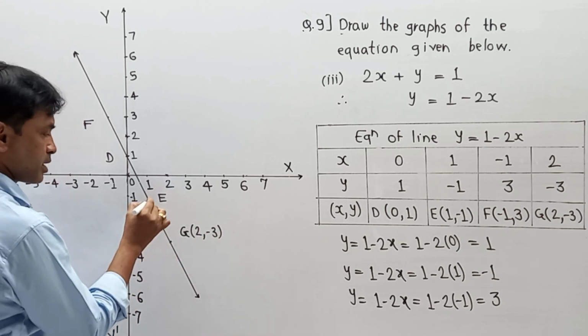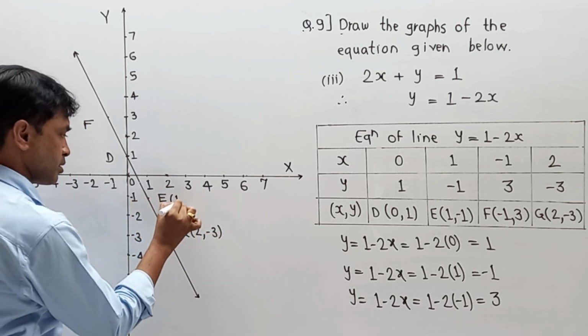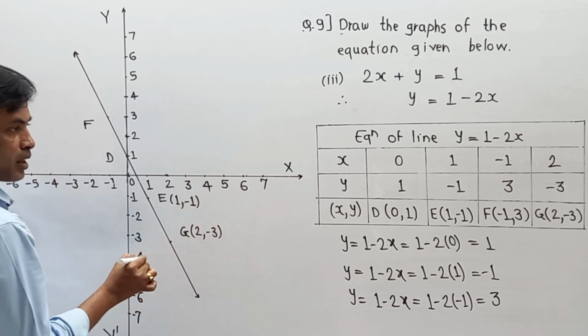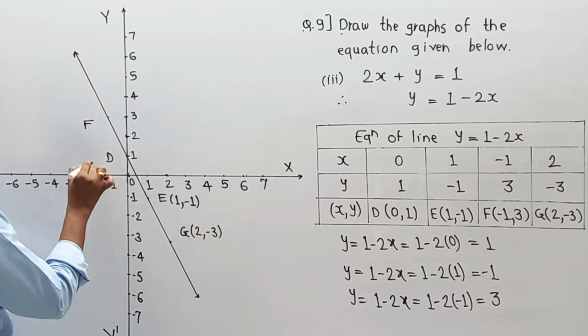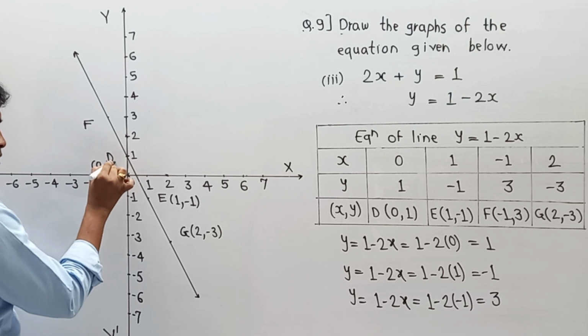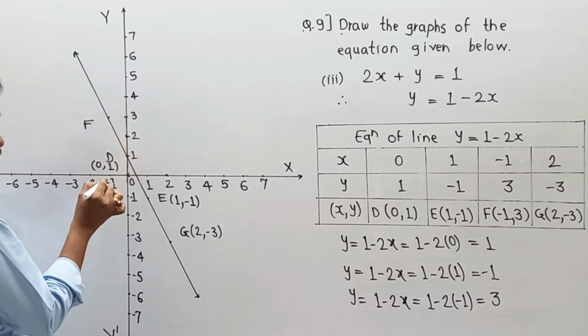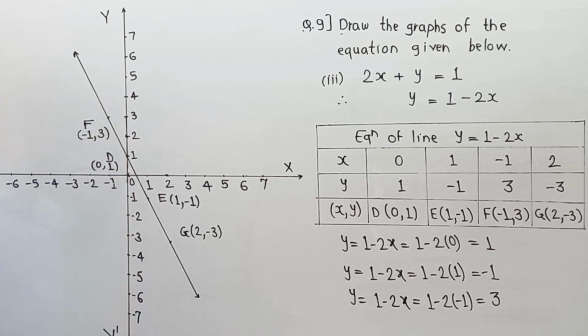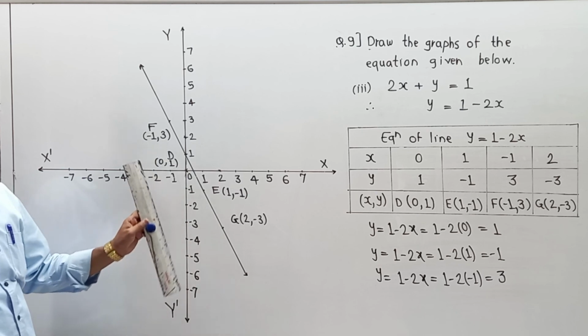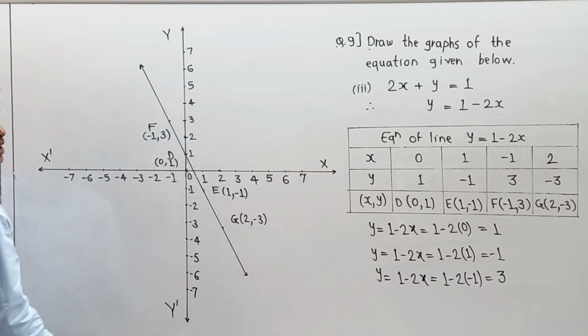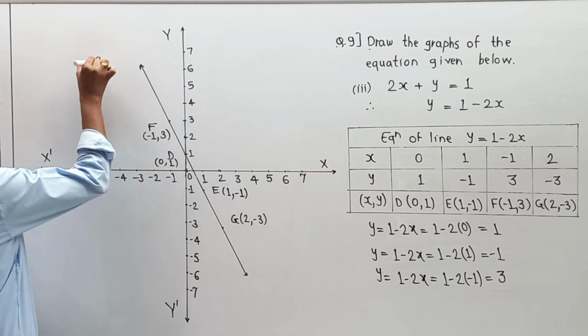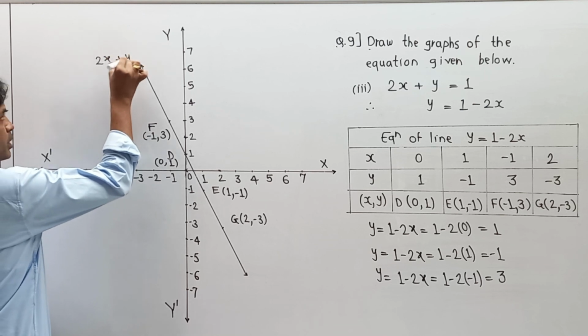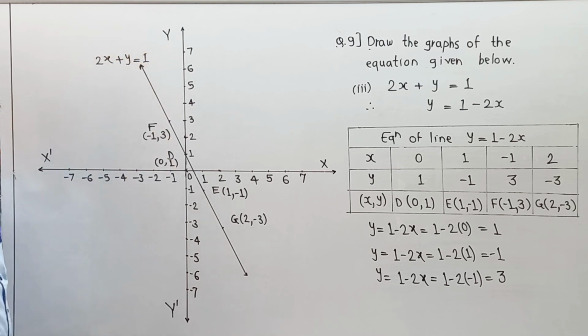E is 1, minus 1. D is 0, 1. And our respective F is minus 1, 3. In this way, we have drawn the equation and converted it into a graph, and the equation of that line is 2x plus y is equal to 1.